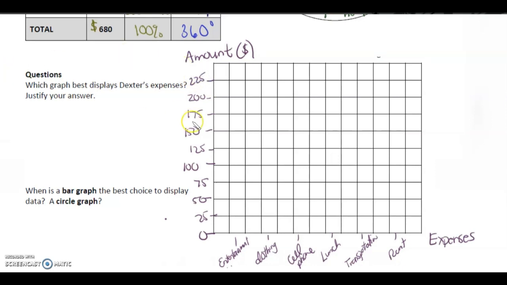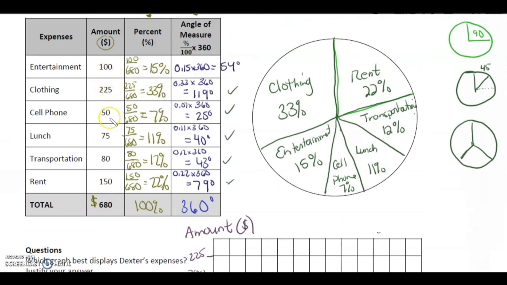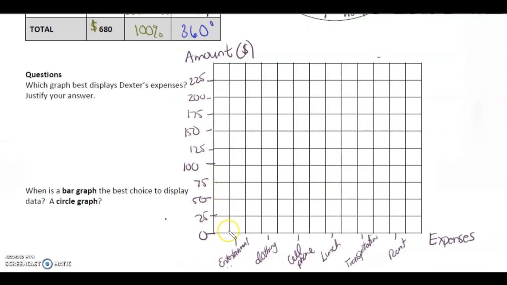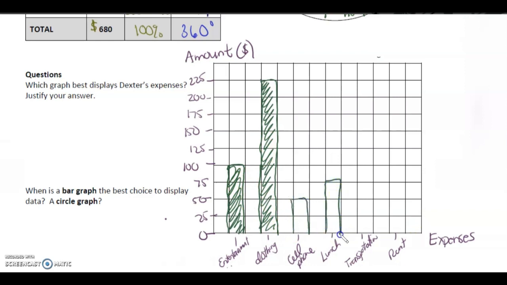Okay, and now let's graph. So we have $100, $225, and $50. So entertainment is $100. And we're of course doing this with a ruler. Clothing is $225. Okay, 50, 75. Okay, cell phone is 50. Lunch is $75.